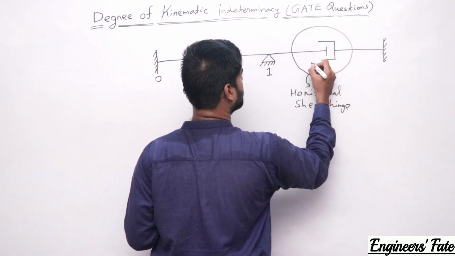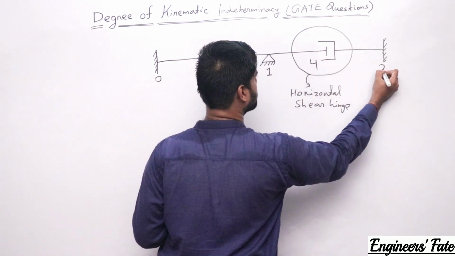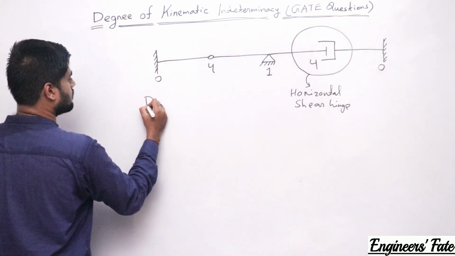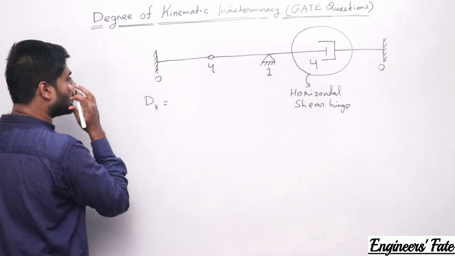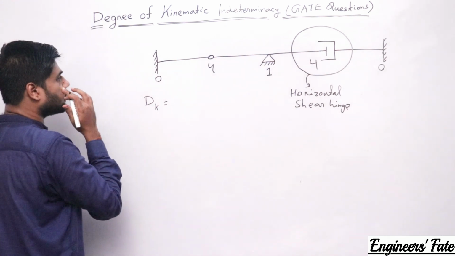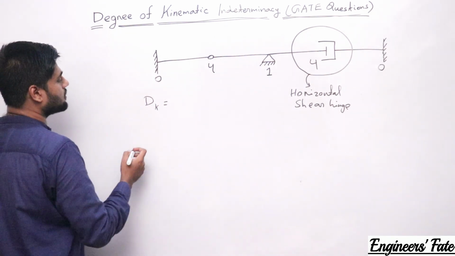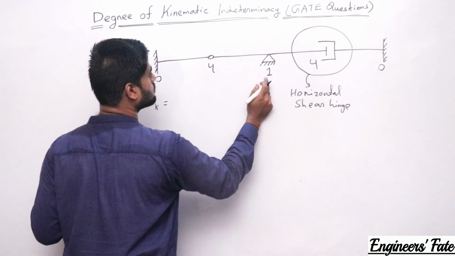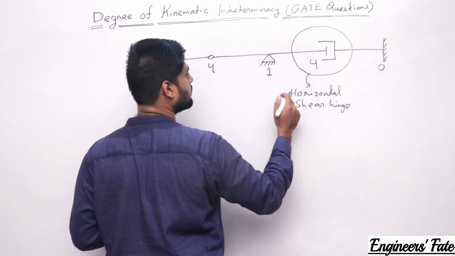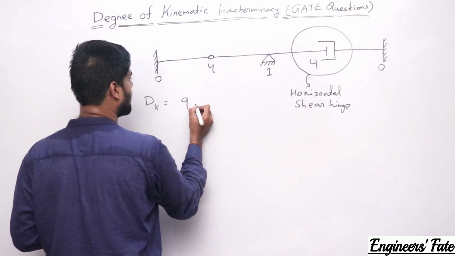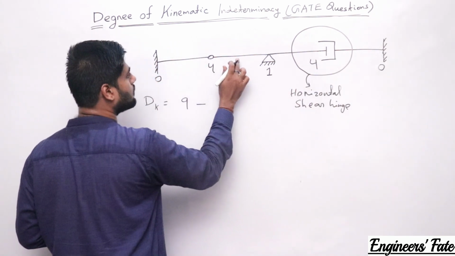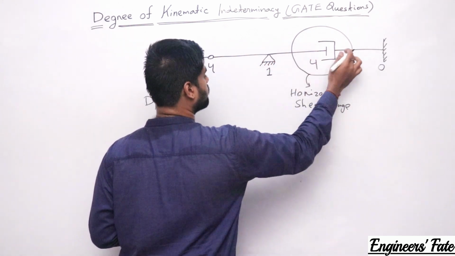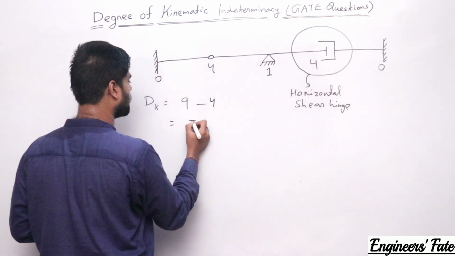For this 4, for this 0. So in the question he has asked, considering neglecting the axial deformation, first find dk. 0 plus 4, 4, 4 plus 1, 5, 5 plus 4, 9, 9 plus 0, 9. So 9 minus number of members 1, 2, 3, 4, that is 4, dk equal to 5.